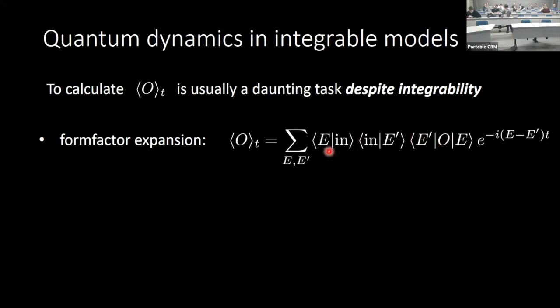Then we have to calculate the scalar product of our eigenstates with the initial state. Here I assume for simplicity the initial state is a pure state. Then we have to take the double sum, and it is also desirable to take the thermodynamic limit usually.